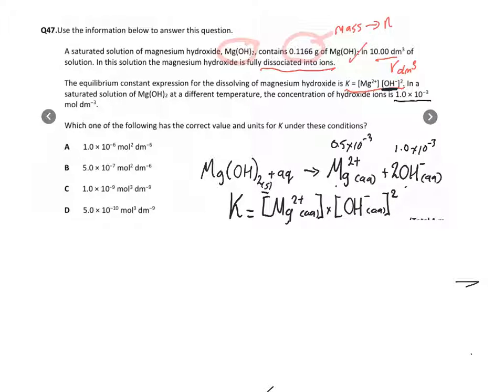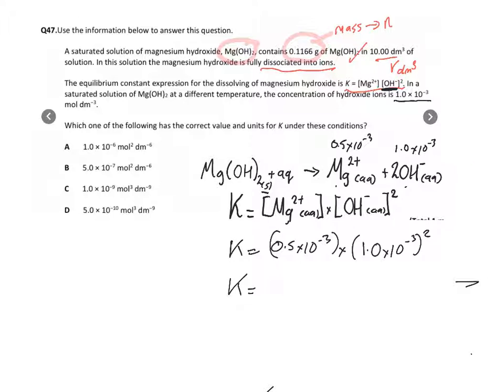Now we go to write our expression for K, and that's the concentration of magnesium ions, which is 0.5 times 10 to the minus 3, multiplied by the concentration of hydroxide ions squared, which is 1.0 times 10 to the minus 3 squared.